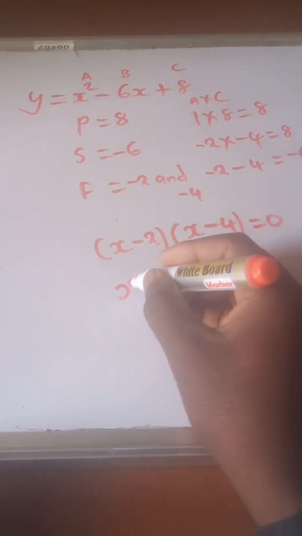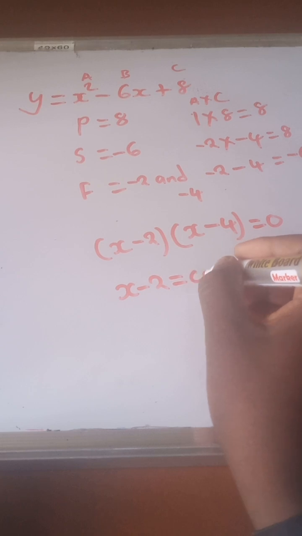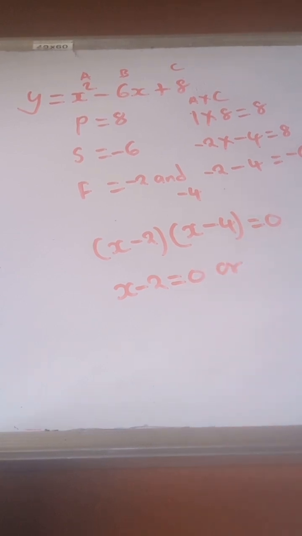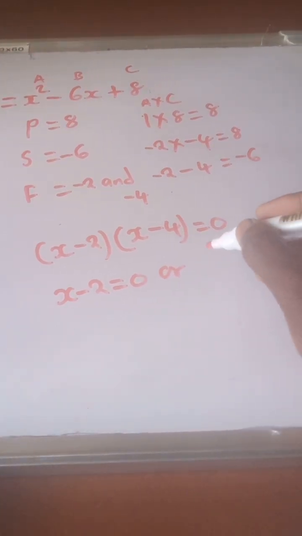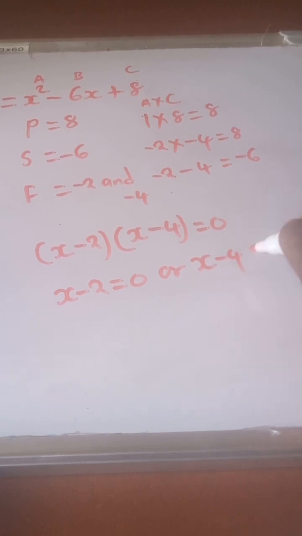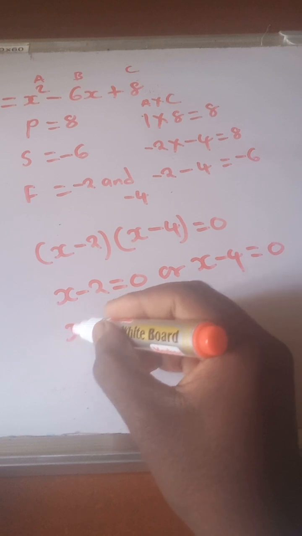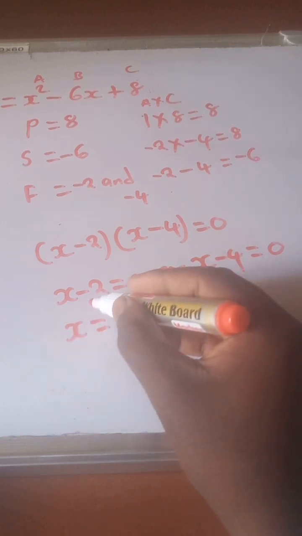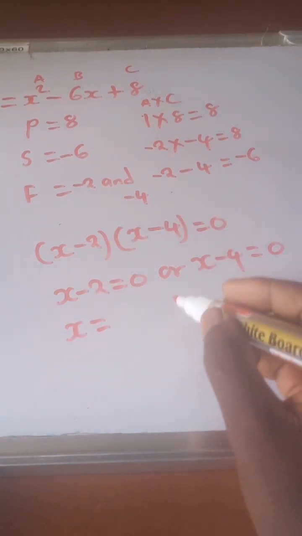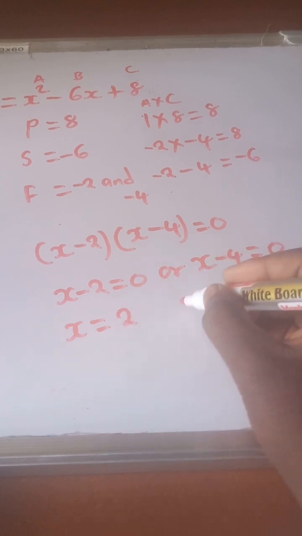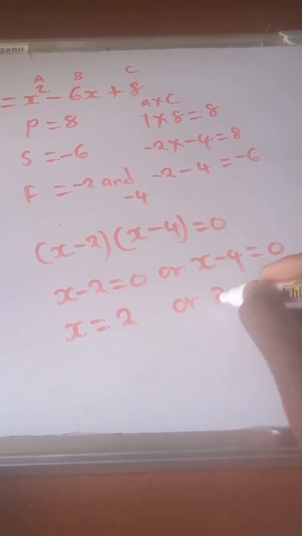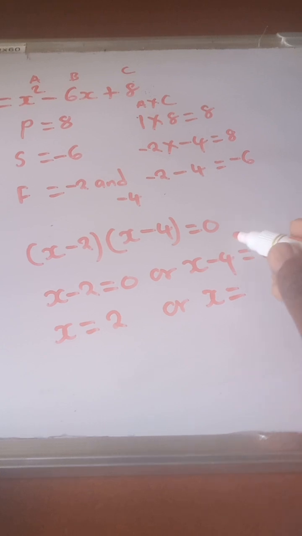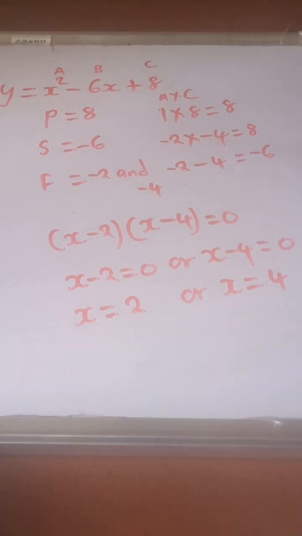You know that here it was a negative. If it goes to the other side, it becomes positive. Or here, you know that it was a negative. If it crosses the equal sign, it becomes positive. So I have these two factors.